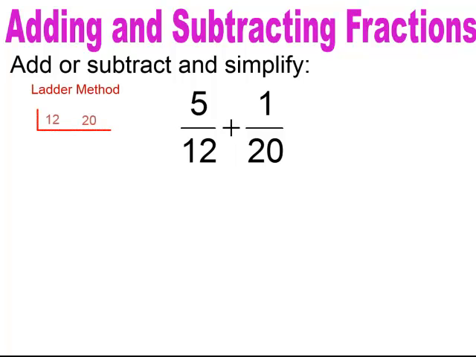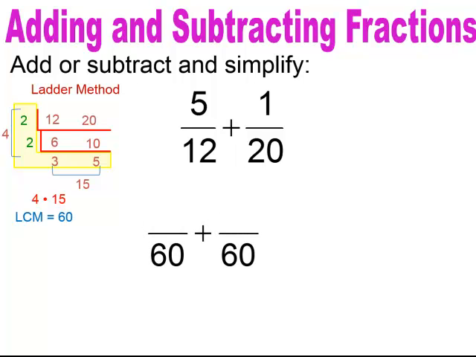So again, I like to use the ladder method. I'm writing the two denominators in a row. I'm dividing out common factors, and I end up with the least common multiple. And again, I do the sides first. 4 times 15 will be 60. I have my common denominator, and now I'm going to convert the fractions.